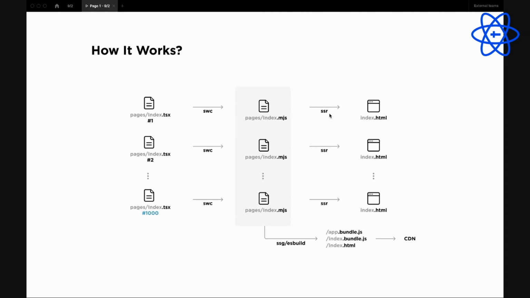Then we render it to the HTML. This we call SSR. So the browser just receives the HTML and the CSS, JS files, and it renders. That's it. So that means even if you have 1,000 pages or one page, the server bootstrap time is the same. And finally, we use esbuild to bundle your JS. Then you can put it on a CDN like Vercel.